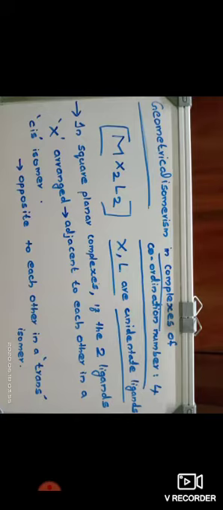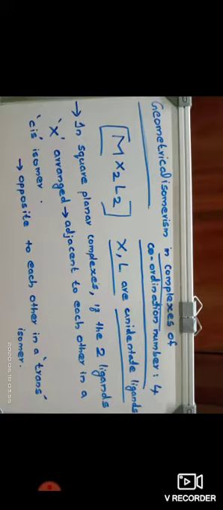So a total of 4 ligands. Each ligand is a unidentate ligand. Therefore, the coordination number of this central metal atom is 4, and they have a square planar structure.